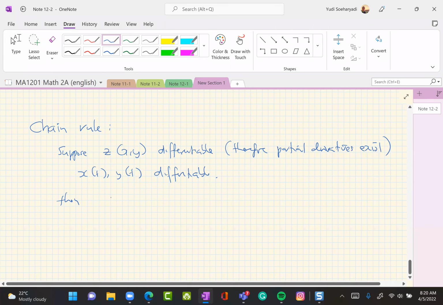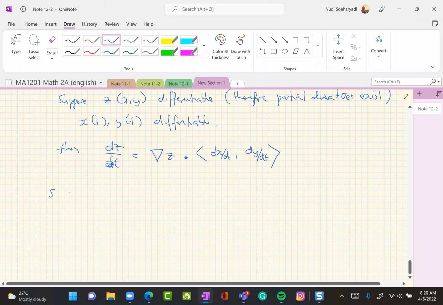Then dz over dt is the gradient of z dot the vector dx/dt, dy/dt. That is, dz/dx times dx/dt plus dz/dy times dy/dt.